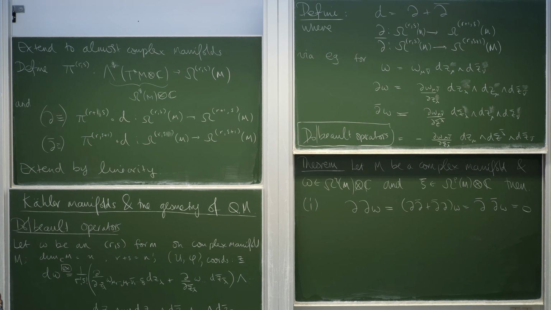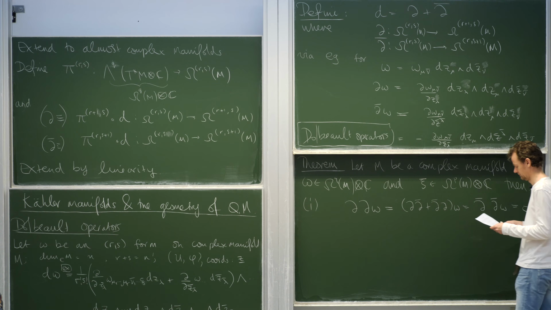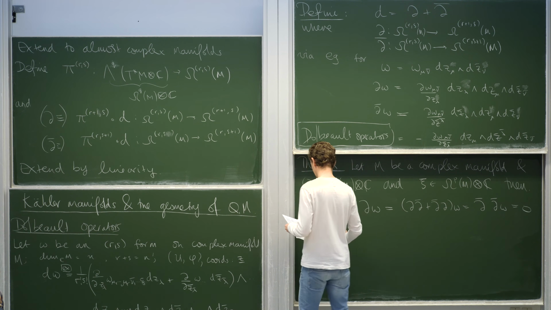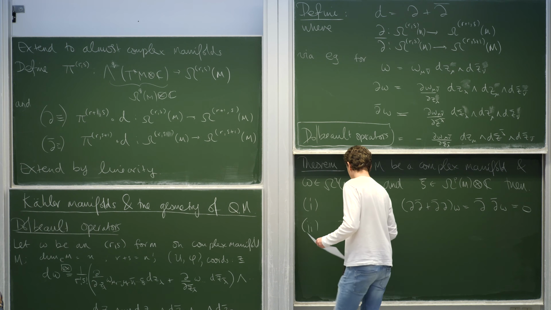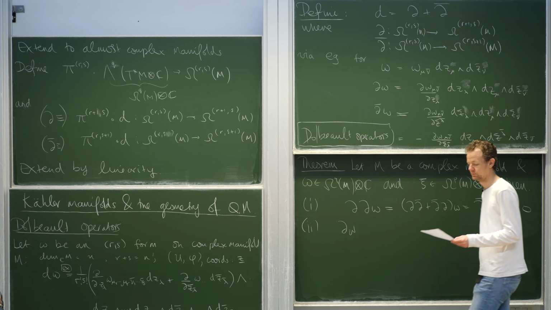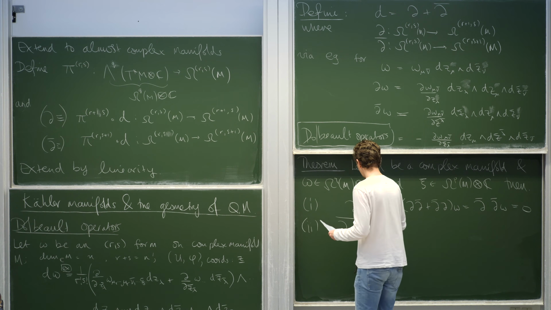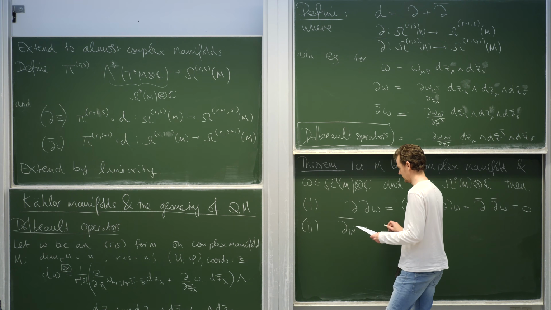Okay, the first really is just the manifestation of d squared is 0. The second one tells us that the delta operator is not a real operator, that we can relate them by complex conjugation.